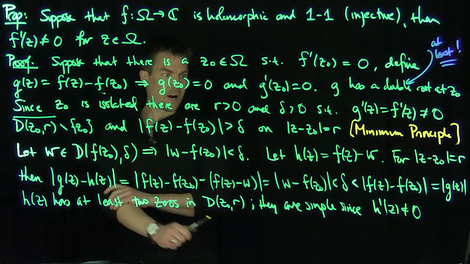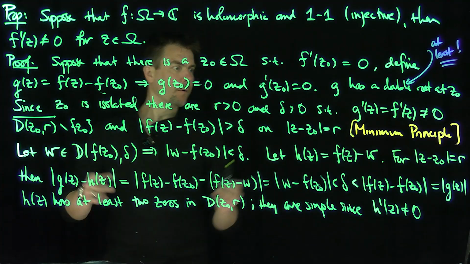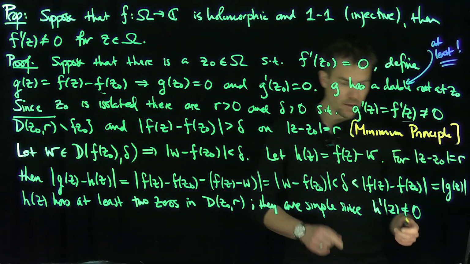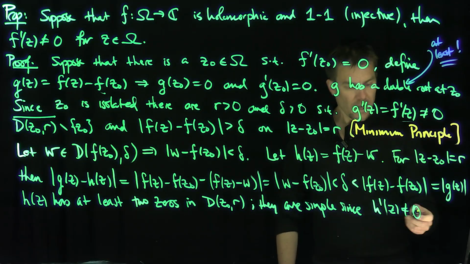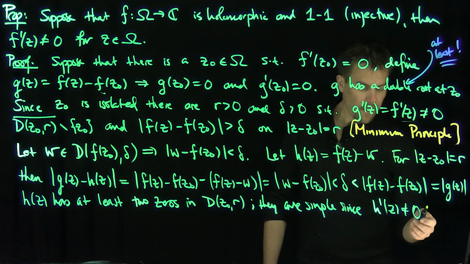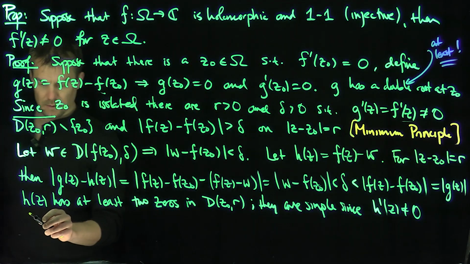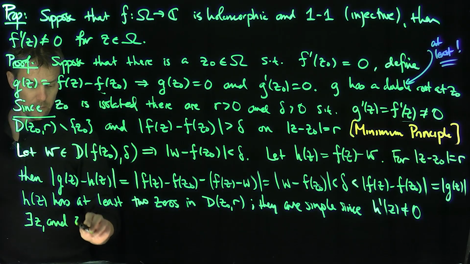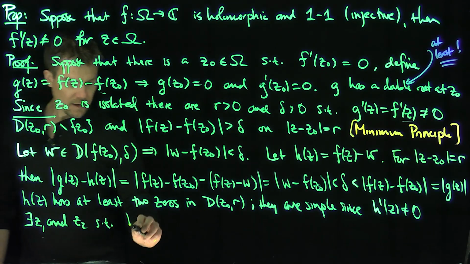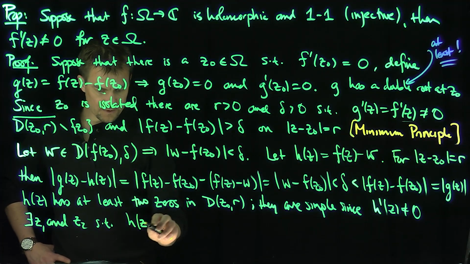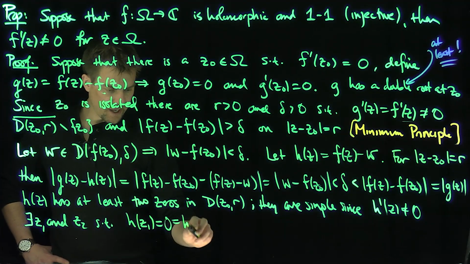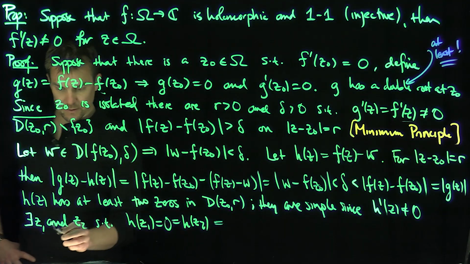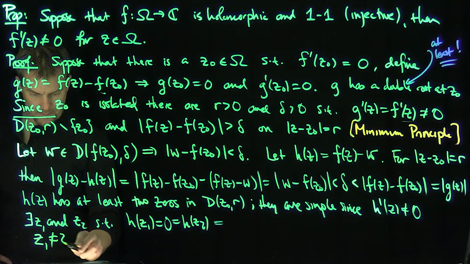What's h prime? h prime is just f prime, right? We're assuming that f prime is not 0 in that disk minus z0, right? And I know that we're not hitting z0 because we're at w, right? Good. And so that implies that there exists at least a z1 and a z2 such that h of z1 is equal to 0 is equal to h of z2, and z1 and z2 are not equal to each other, right?